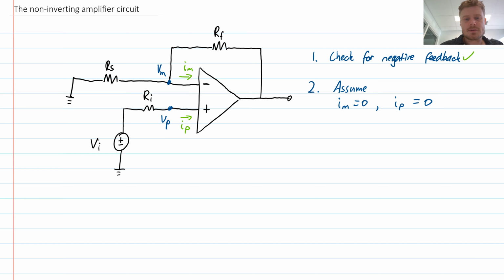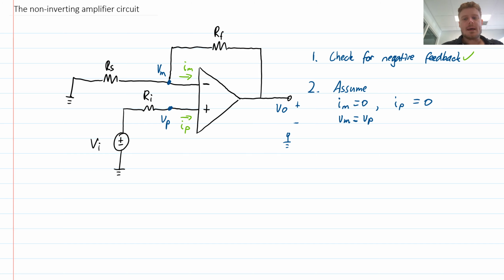So we also assume Vm is equal to Vp. Now that's only true if the op-amp is in its linear regime, but we'll assume that for now, and then later on we can obviously go and check what values of the input are going to keep us in this linear regime. And I should also label the output voltage. Vout is this voltage here, kind of measured with respect to ground. So it's this plus minus voltage here gives the output voltage.